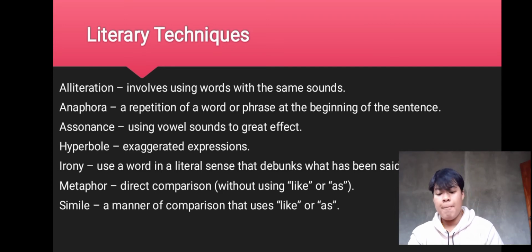So we are focusing on the consonant sound and not the consonant letters that begin words.